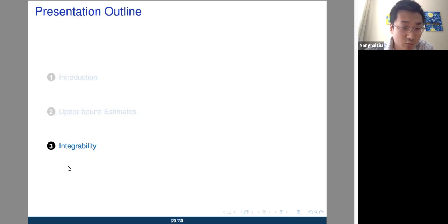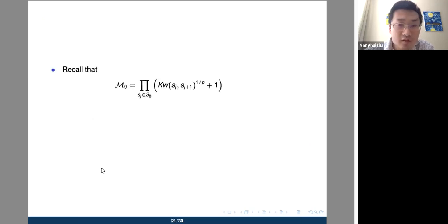Once we have integrability, we will get the uniform bound, uniform integrability, for the Malliavin derivative. I should mention that the motivation for showing the integrability of the Malliavin derivative is that it is a key step for weak convergence and also for the density convergence, which is an ongoing project.